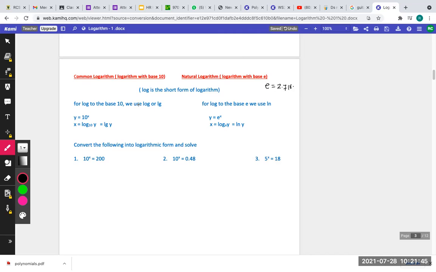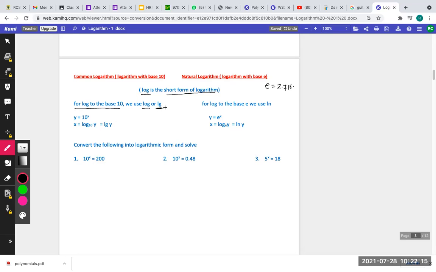Okay, and you would be seeing a notation called log everywhere, right? Log is the short form of logarithm. We don't write logarithm fully, instead we write only log, right? So for log to the base 10, guys, we simply write log or lg.